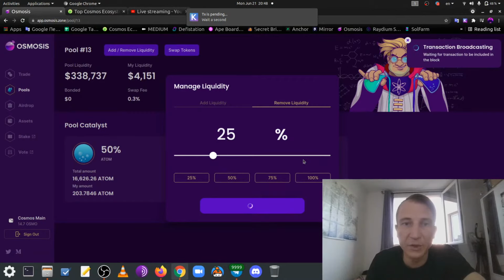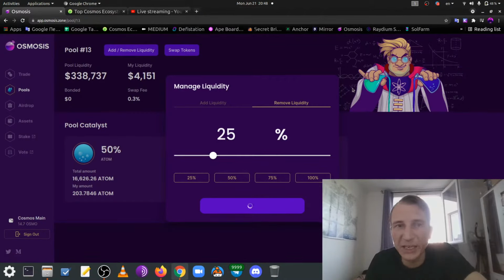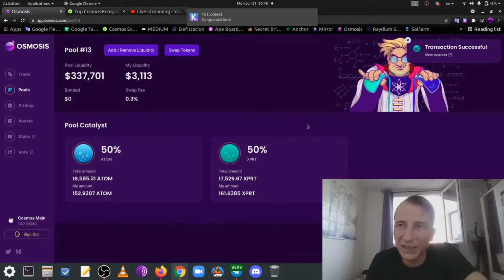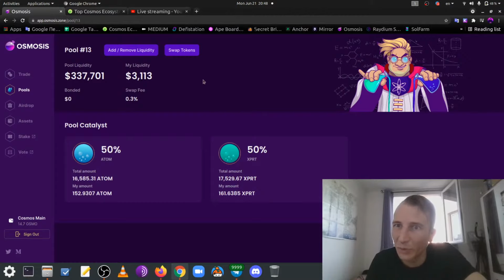Now I withdraw from the liquidity pool, so the speed of the transaction is not really important for me now, but when you want to make a swap, it is better to have a faster transaction, because other people also want to make a swap, and whoever is first will get the best price.